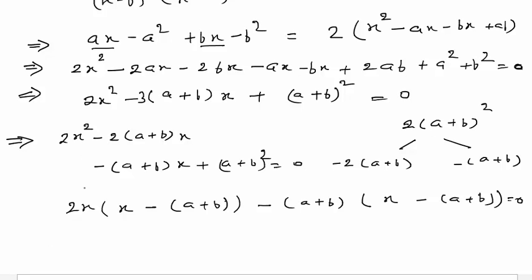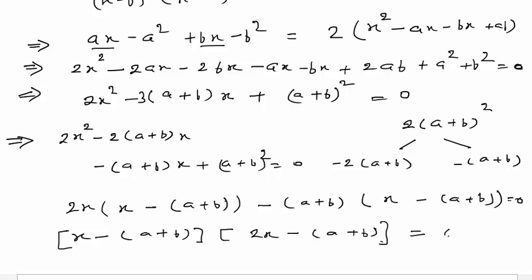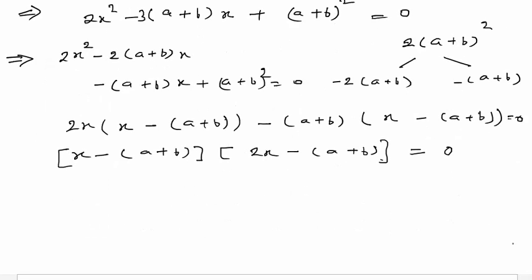equal to 0. So this x minus a plus b I will take in one bracket, and 2x minus a plus b I will take in another bracket, and this whole will be equal to 0.